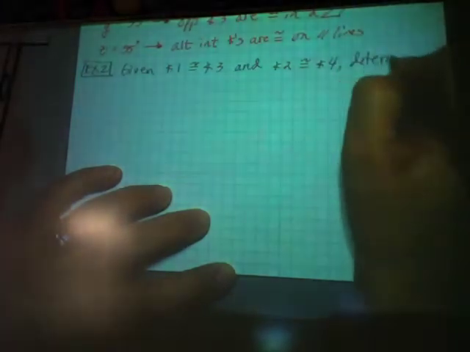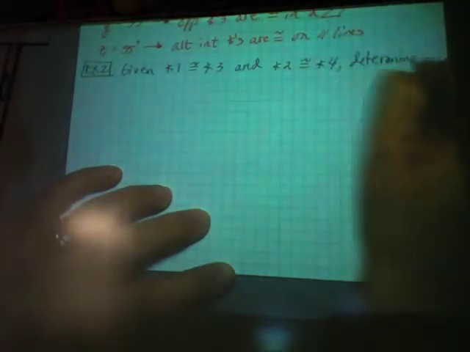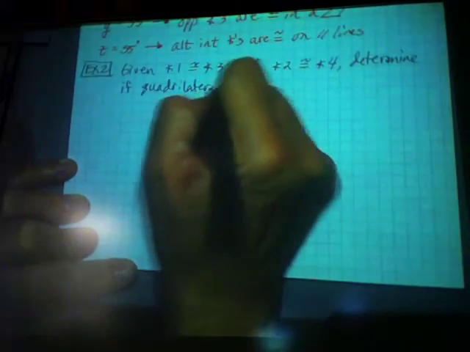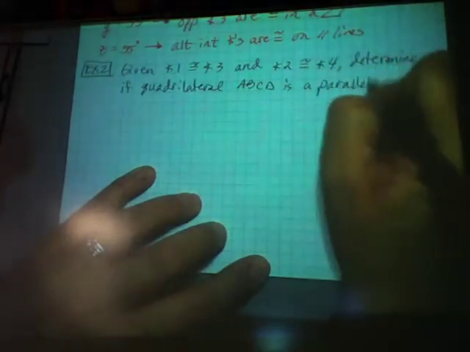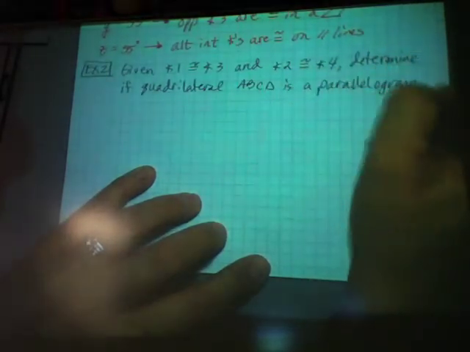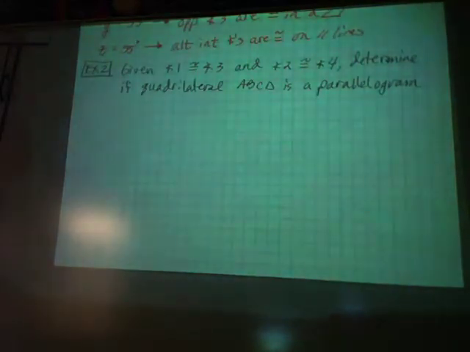Determine if quadrilateral ABCD is a parallelogram. So you have to use one of those defining characteristics of a parallelogram.